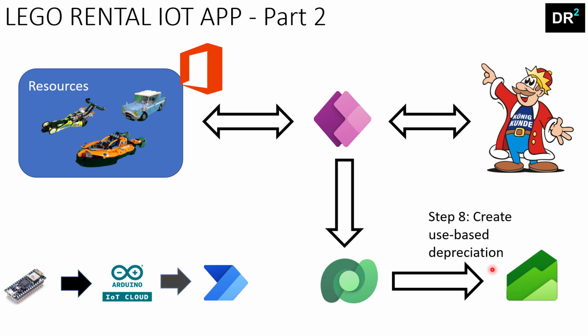And in this post we added on that and said, okay, we read the kilometers from the vehicle, put it in the cloud, read it with an HTTP connector in Power Automate, and then we update the rental data and then make use of this use-based depreciation in finance and operations. So that's what we covered, and I hope you found it quite interesting.